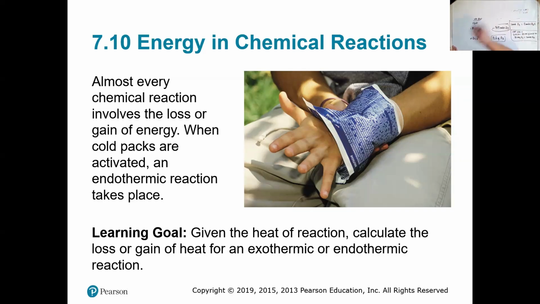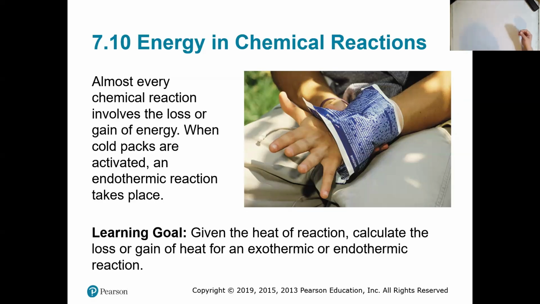All right, we're going to skip ahead a couple of sections just to talk about the energy in reactions first. And then we'll backtrack to the other parts of the chapter. Now that we've talked about the setup of chemical reactions and how we can do some calculations with them, we can also look at the energy that's involved in the success of a reaction that's trying to take place.